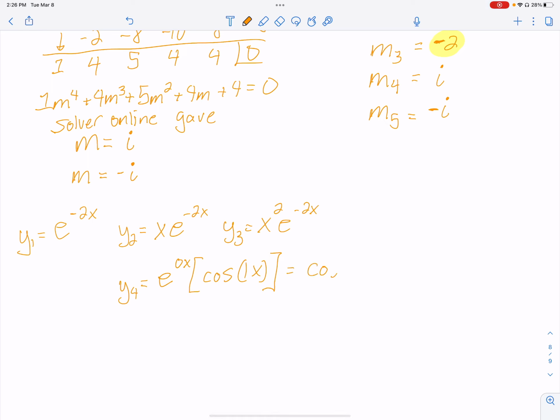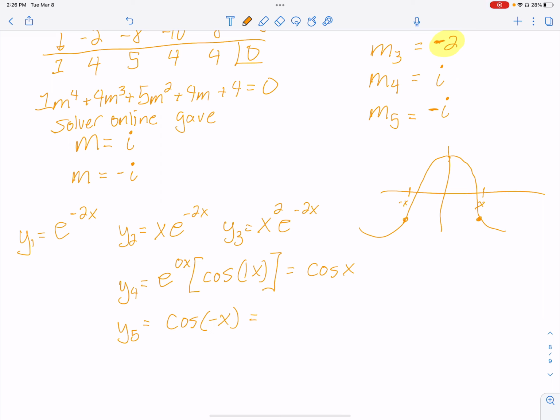Or this is just cosine x. Y5 is going to be the same scenario, but I have a -x, so this is cosine of -x. Cosine of -x, if we're thinking trig, and here's my x. Cosine is symmetric, so it does something like this, right? Symmetric. So -x, I'm just going to think about what would happen.